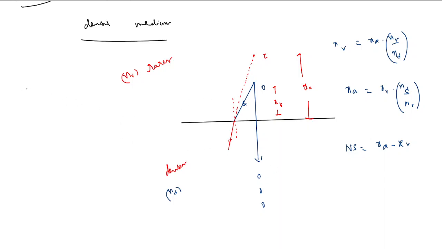Do remember that normal shift doesn't matter while the effective distance, which means the distance between the object and the observer, will change. For example, this is some distance and this is a different distance and this is a different distance. That matters, while this shift here doesn't matter at all. Whether the observer is somewhere here or here doesn't matter at all.